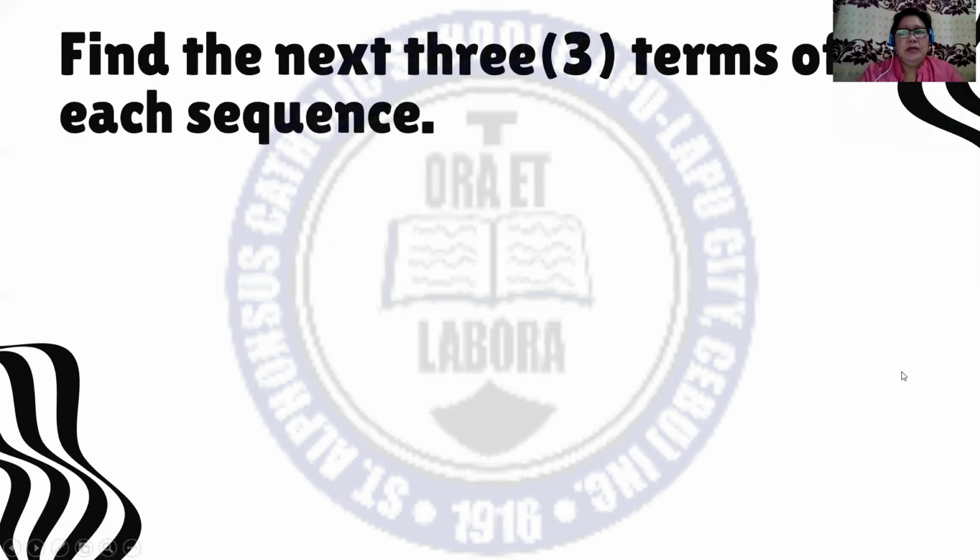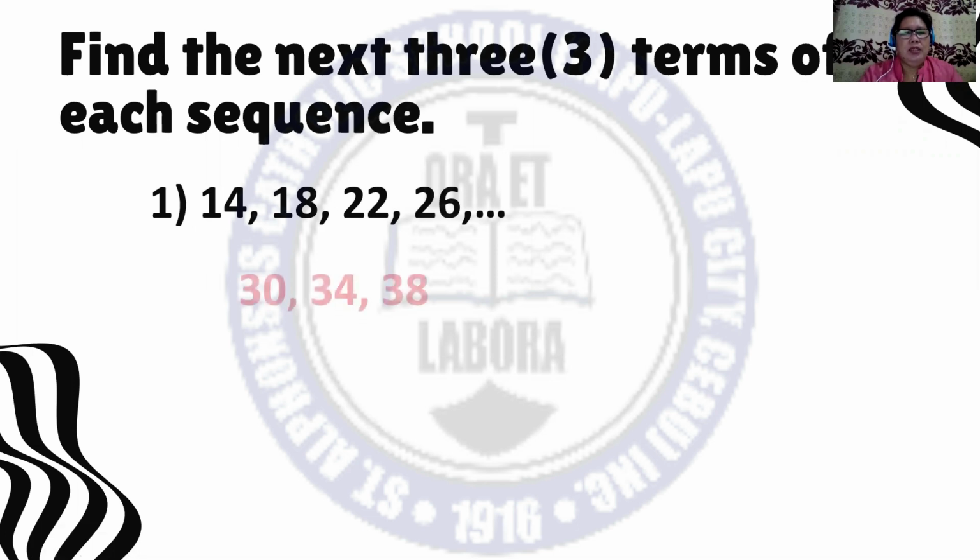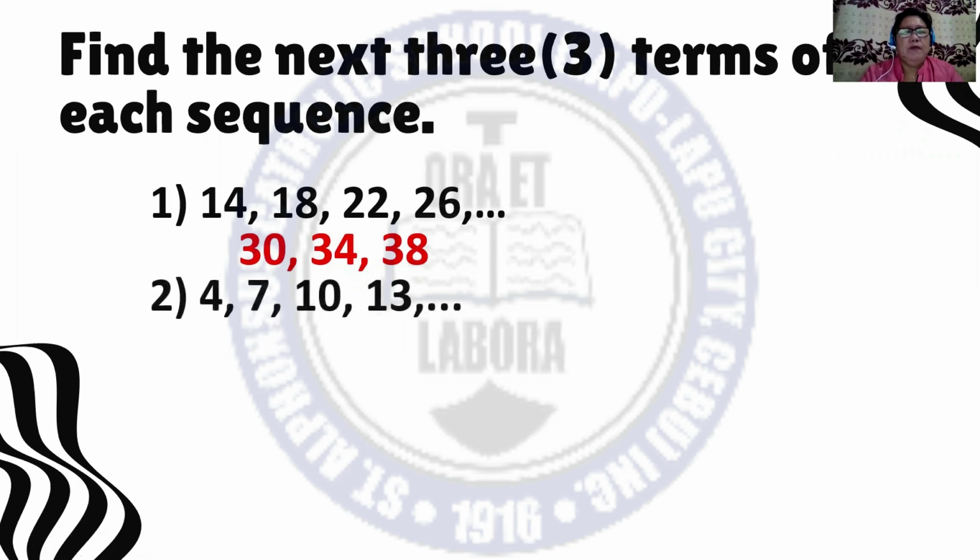Find the next three terms of each sequence. Number 1, 14, 18, 22, and 26. So what are the next three terms? The answers are 30, 34, and 38. Number 2, 4, 7, 10, and 13.